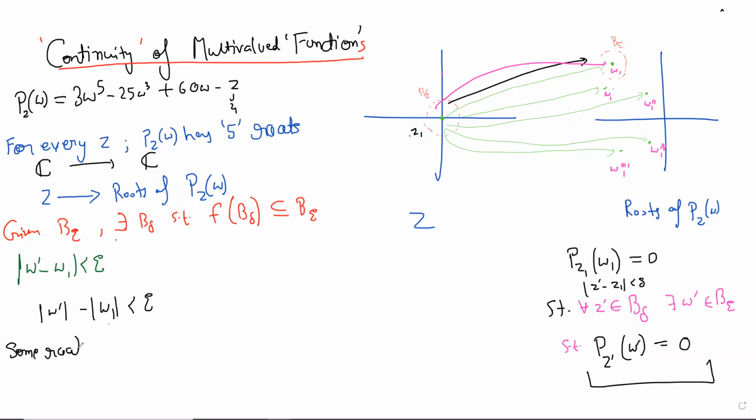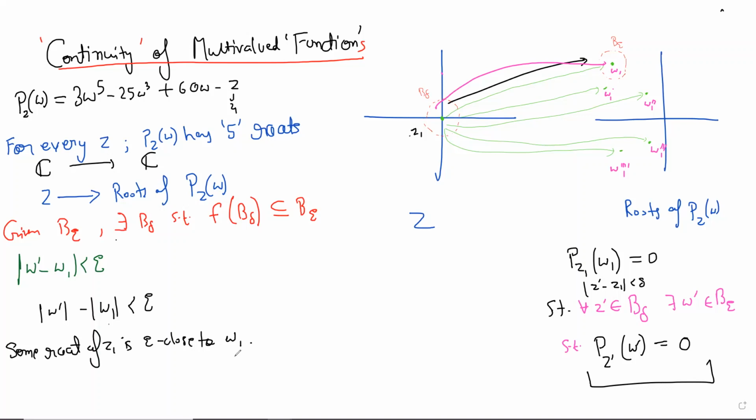Say some root of Z1 is epsilon close to W1. See, this is what we want to show, right?